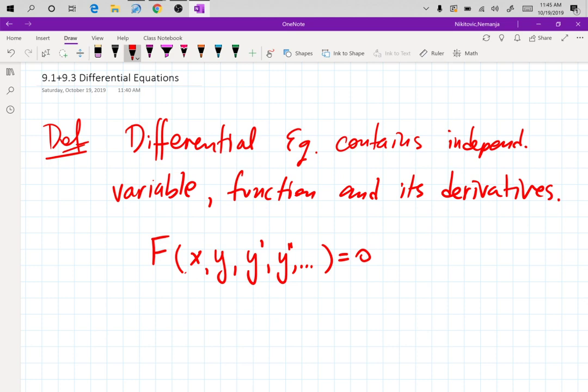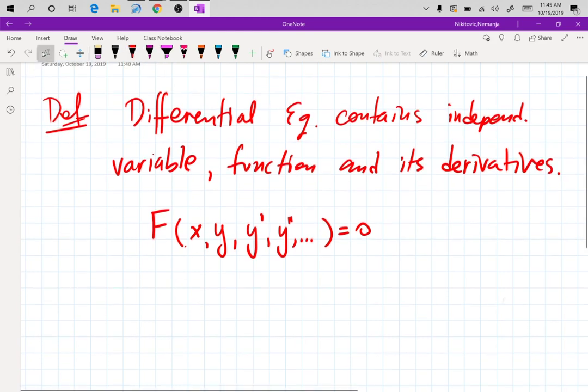So something similar to the way we defined derivatives implicitly in Calc 1. You will see this notation again once you get to Calc 3 for multivariable functions. All right, so now this is a differential equation.